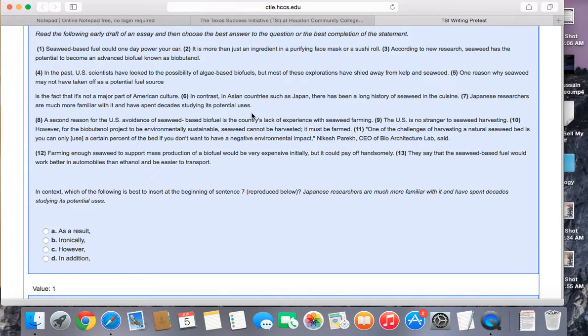In contrast, let's read the sentence before all the way to the end of sentence 7. In contrast, in Asian countries such as Japan, there has been a long history of seaweed in cuisine. Japanese households are much more familiar with it. So this is like blah blah blah, but now blah blah blah are now better.